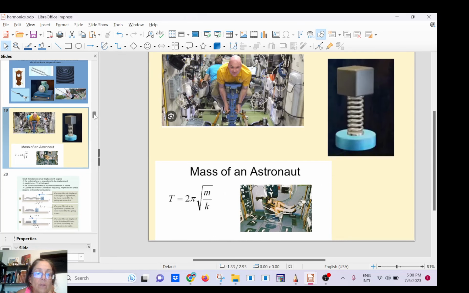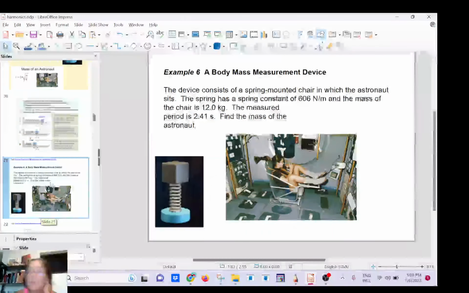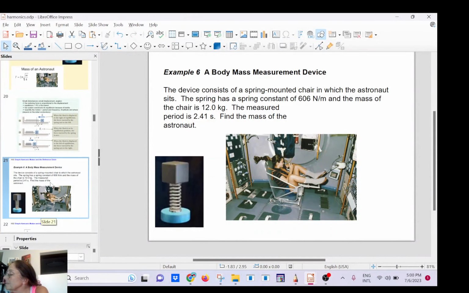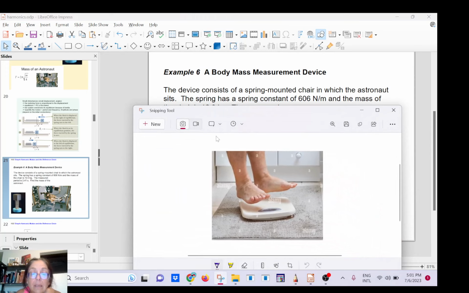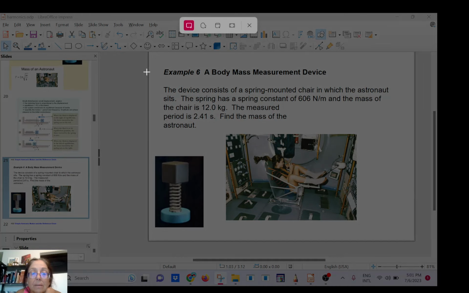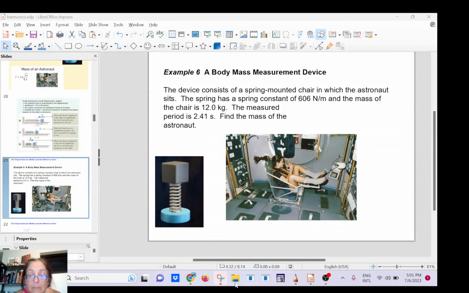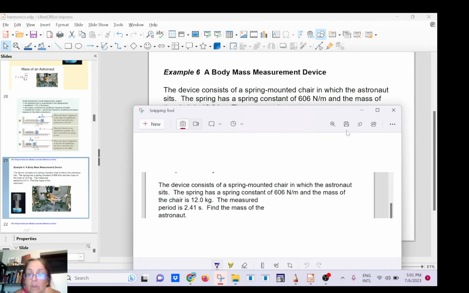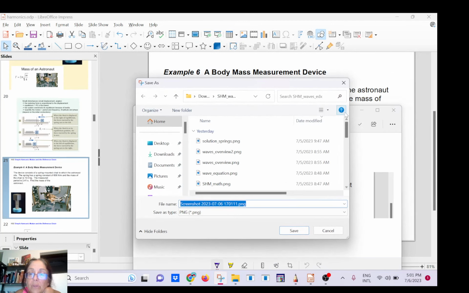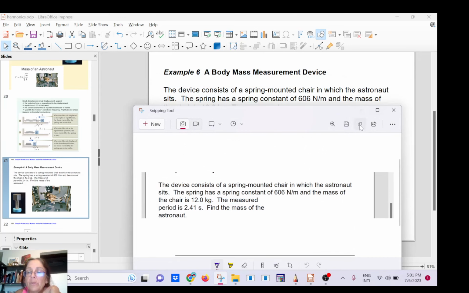Okay, so we can do an example here. Let's try to do this one. You can pause the video.